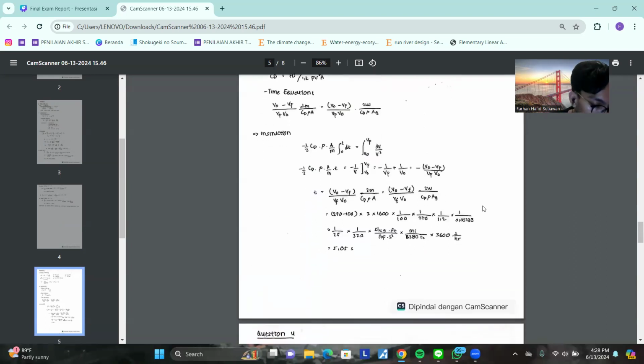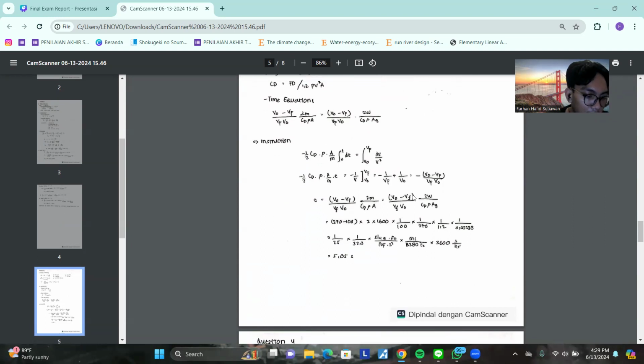So for the instructions, we separate variables and integrate by this formula. We can obtain 1/2 CD rho A per m times t equals minus 1 per V integrated from V0 to VF.